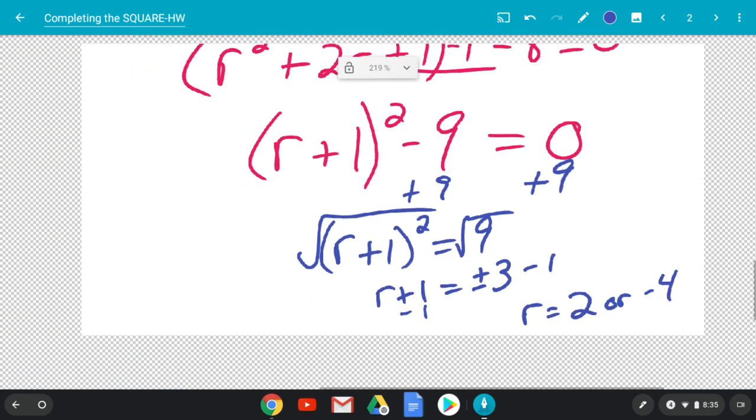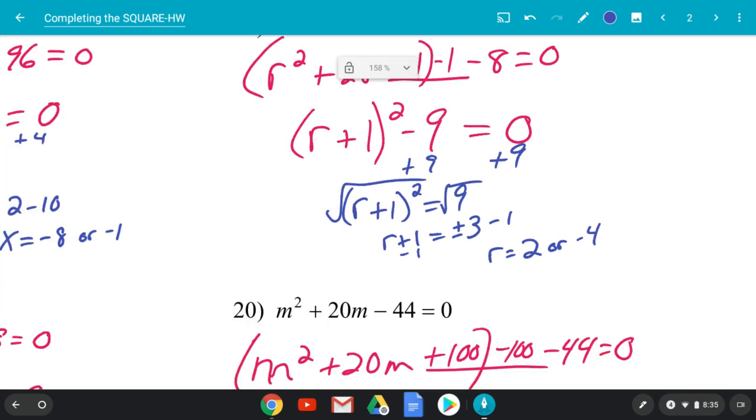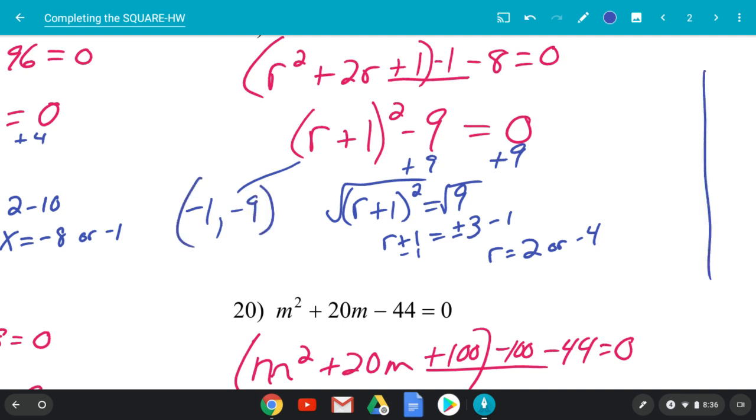Now, who can tell me what's my vertex? Negative 1, negative 9. So if I were to graph that, negative 1, negative 9.